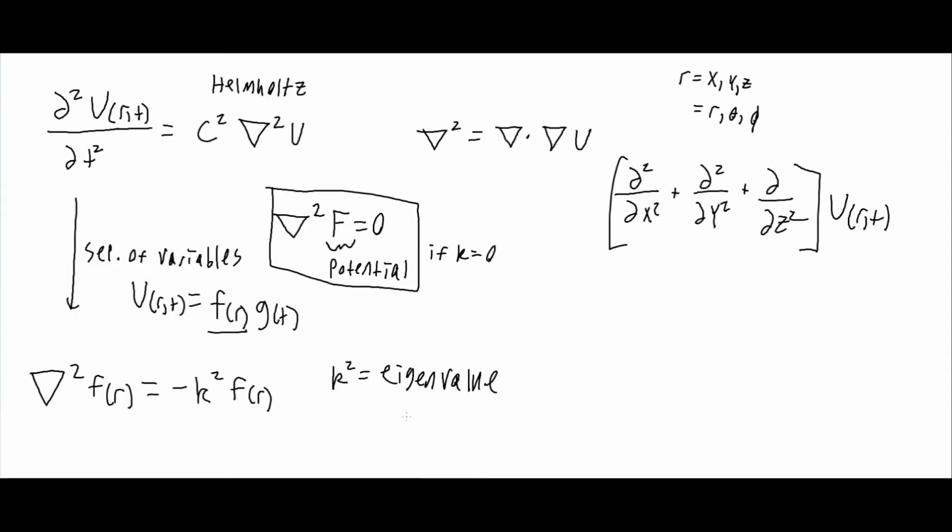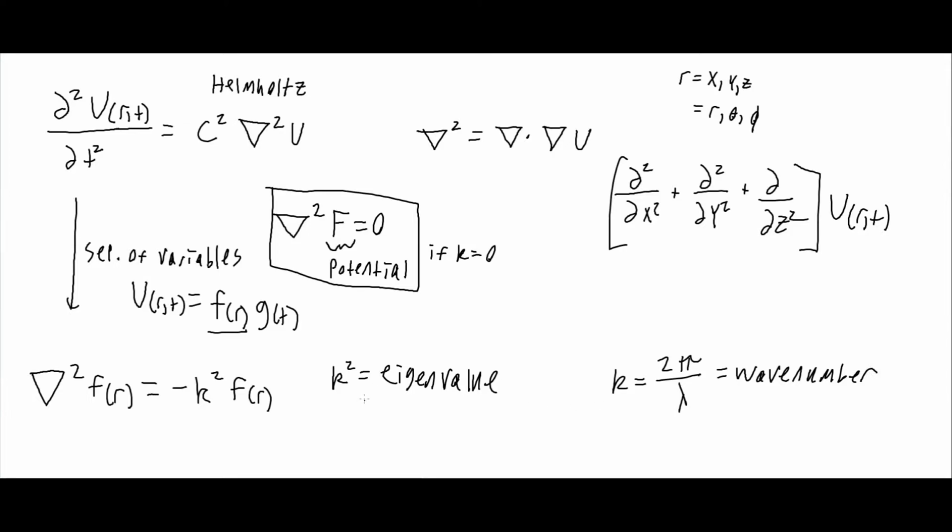And so in this case, we have k as the eigenvalue, where k is equal to 2 pi over the wavelength, which is what is known as the wave number.